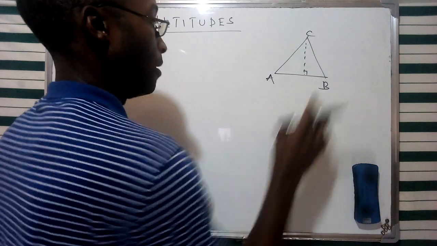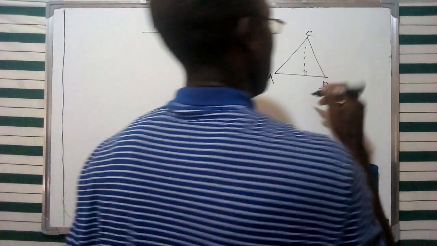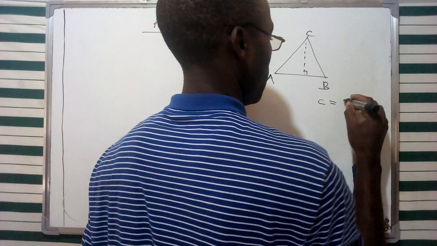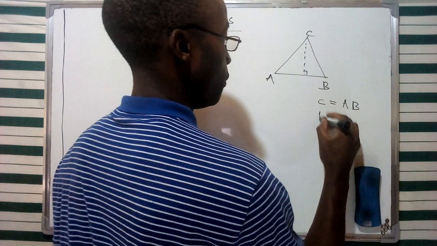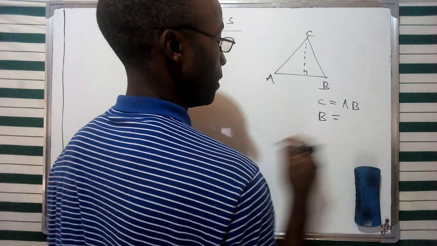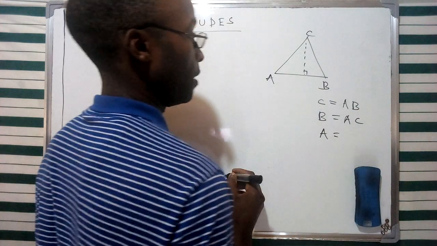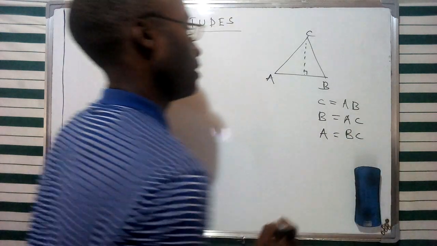So the angle C is going to have a perpendicular bisector on segment AB, and therefore B is going to have a perpendicular bisector on segment AC, and A is going to have a perpendicular bisector on segment BC respectively.